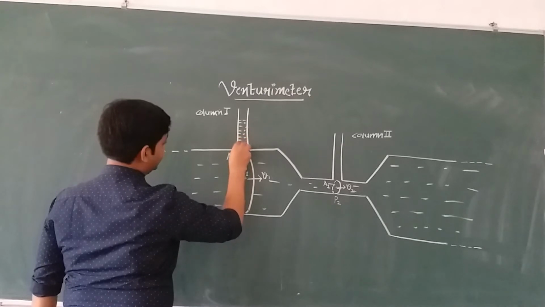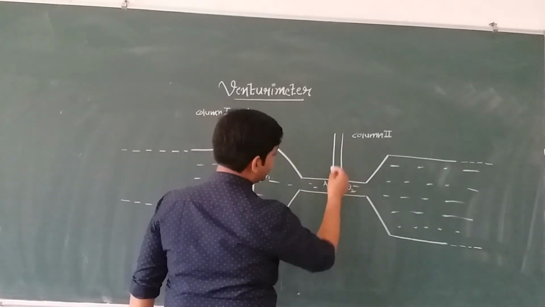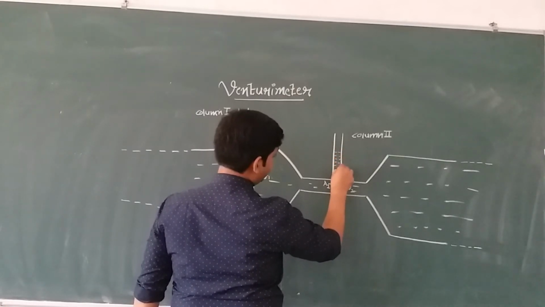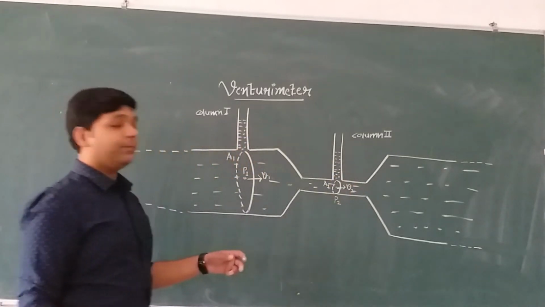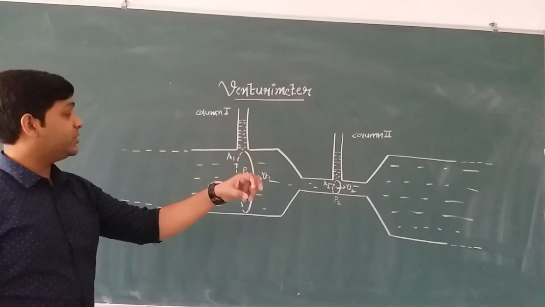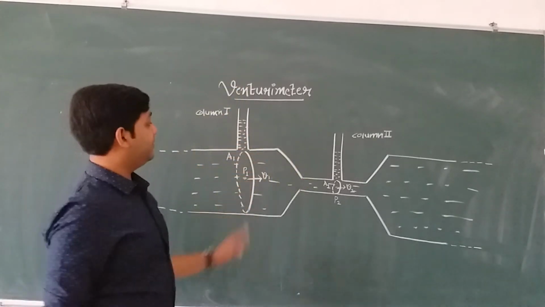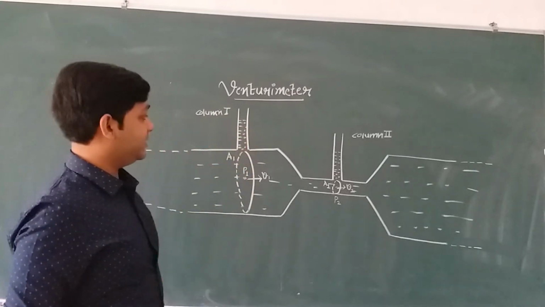So let's say this is the liquid in this column, and similarly, because of the pressure, the liquid rises in this column. Just like the machine used to measure blood pressure, when we supply the pressure, the mercury level in the tube rises. Similarly, the level of the liquid in this column rises.